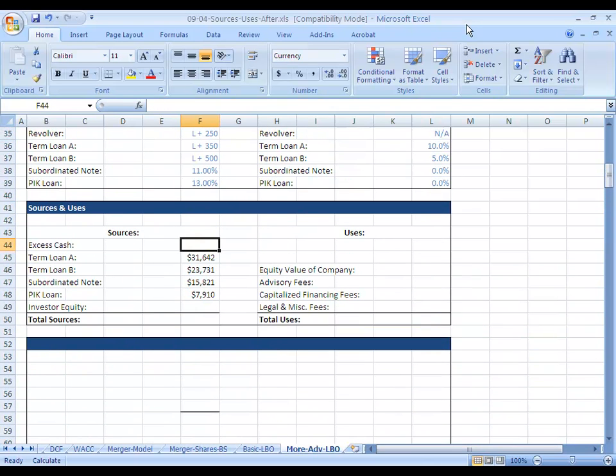Now, it may seem odd to you that we can assume the company uses its own cash to finance the transaction, but remember, this really goes back to the concept of enterprise value versus equity value. With enterprise value, we're reflecting the fact that the investors are getting a break. They're getting a bargain because they're getting some of the cash back when they buy the company. Well, this excess cash line item here is essentially having the same effect.